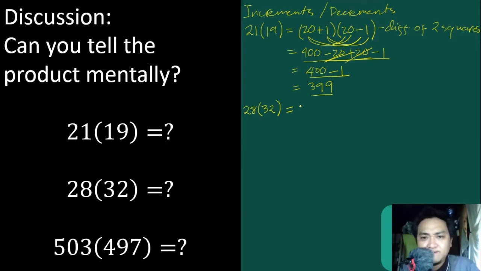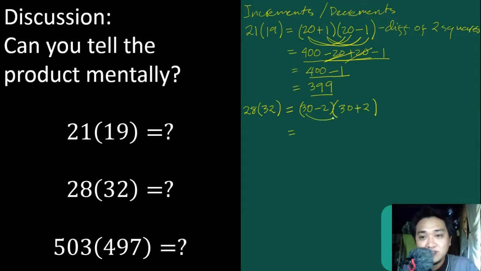So you have 28 could be expressed as 30 minus 2 and 30 plus 2. If you're going to use distributive property in evaluating this number, instead of multiplying 28 and 32, huwag nyo kalimutan. Imbis na i-multiply natin silang dalawa sa isip natin, why not express natin sila in terms of increments and decrements?